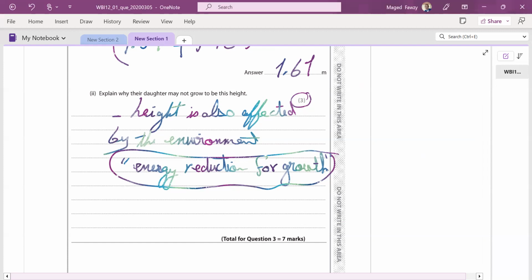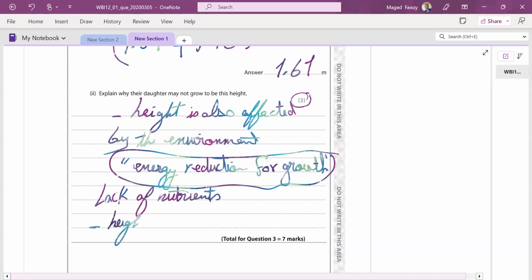Okay. Number 2 or the second mark يعني lack of nutrients. Well, please don't say diet يا محمد. Clarify, specify it more. Lack of nutrients. And number 3, something related to genetics.